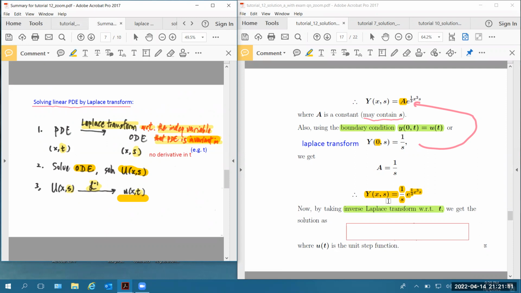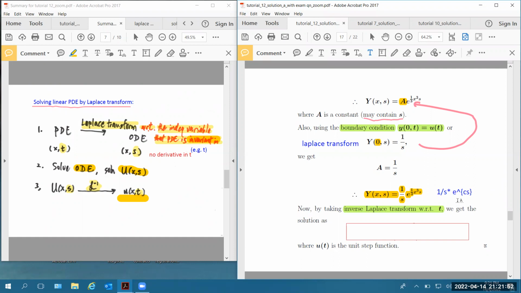Now you look at this. Your aim is to change the s back to t. So this x cubed here is like a constant. Therefore, this one is like 1 over s multiplied by e to the power of 1/3 x cubed, which is like a constant, times s.